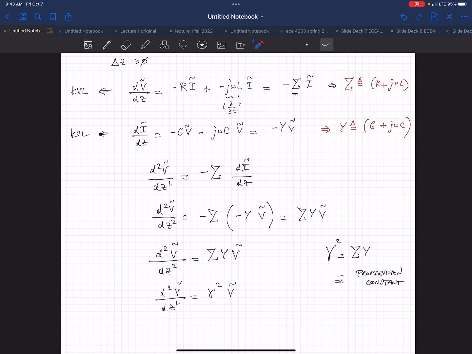The ZY? Is it R squared equals ZY? The propagation constant? Oh, here? No, this is gamma. I don't know how to write it. That's the gamma definition, right? Yeah, gamma squared equals ZY. With my handwriting, you guys are going to be in trouble. So this is gamma, gamma squared.